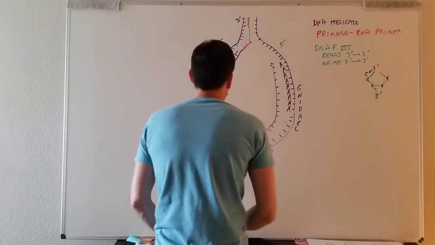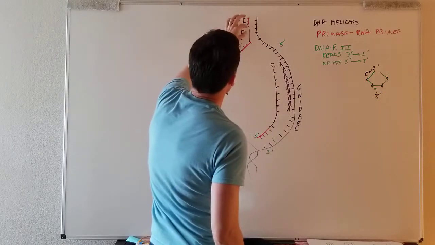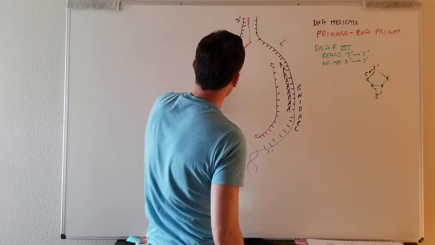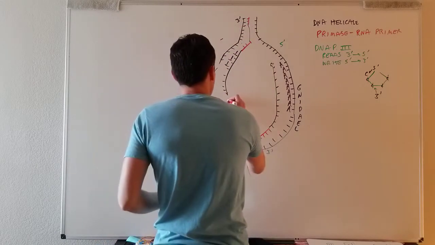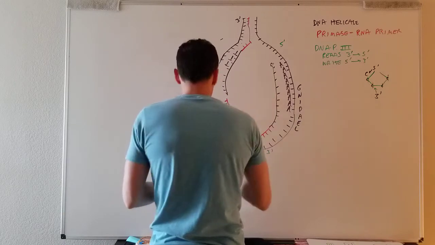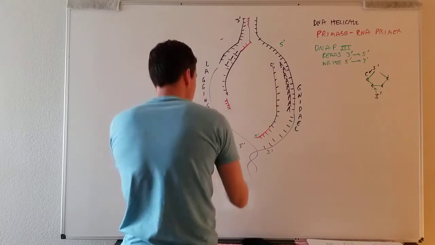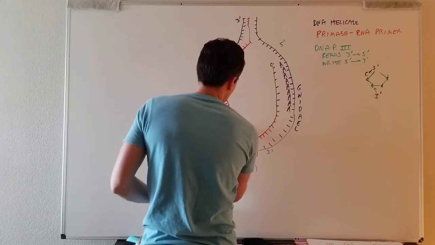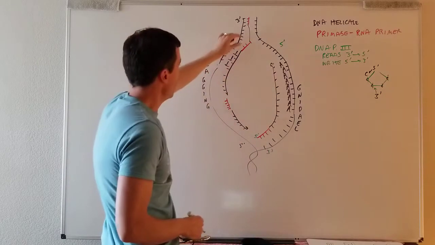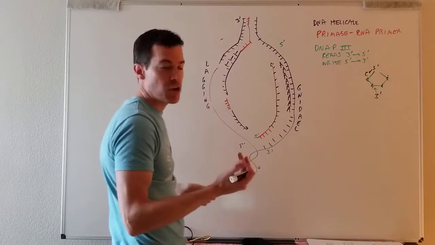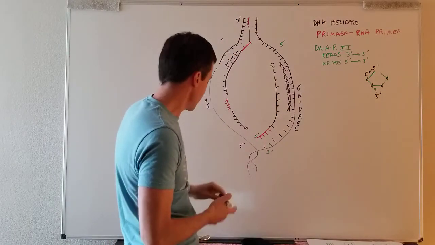And on the lagging strand, you'll have a piece of primer, some DNA, a piece of primer, some DNA, a piece of primer, some DNA, all along here. Here's a piece of primer from earlier when we were just unzipping this DNA. And so we have these islands, these fragments of DNA all along the way on the lagging strand, and those are called Okazaki fragments because Okazaki discovered them.